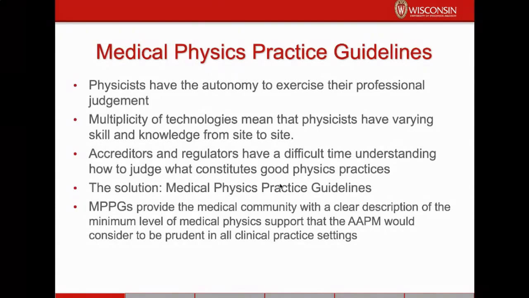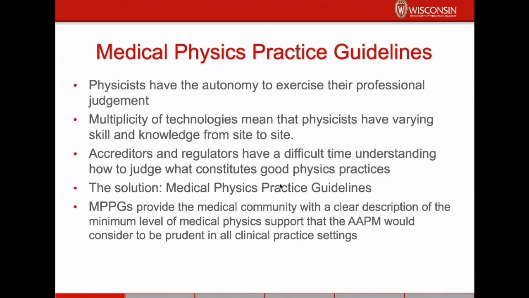And so the AAPM recognized that we need to offer something to medical physicists that explains to them exactly what the minimum level of practice should be in different areas of medical physics. And these guides would define exactly what the minimum standard is for medical physics practice, and it could be used by accreditors and regulators to assess a medical physics practice in terms of whether or not it's meeting a basic standard. And so that's why the medical physics practice guidelines were developed.